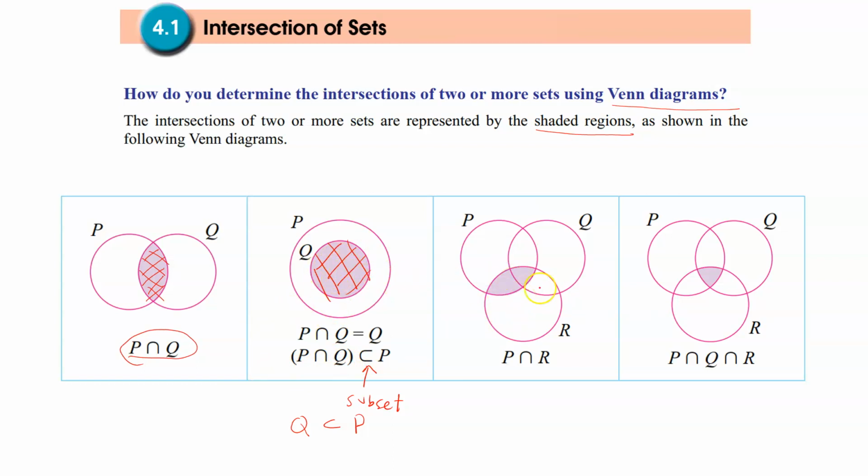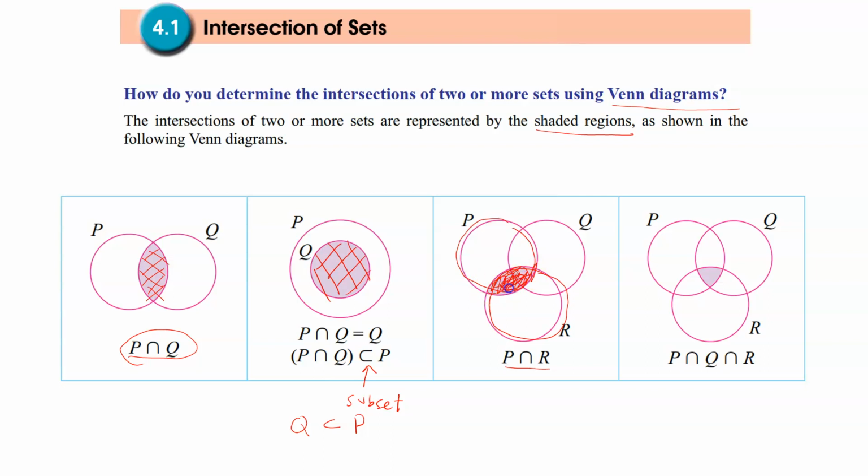Okay. Third diagram, P intersect R means P and R overlap. So neglect Q. Kita cuma tengok P and R saja. Intersection between these two cuma ada kawasan ni saja.